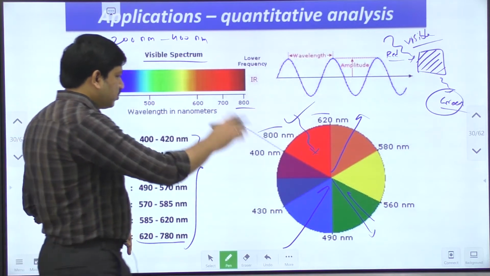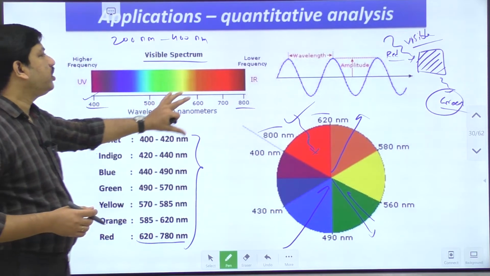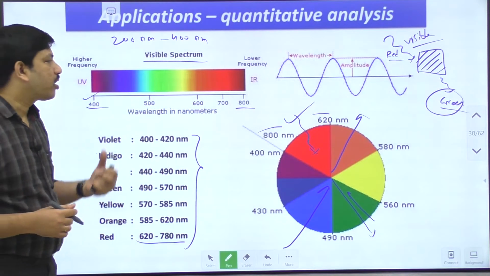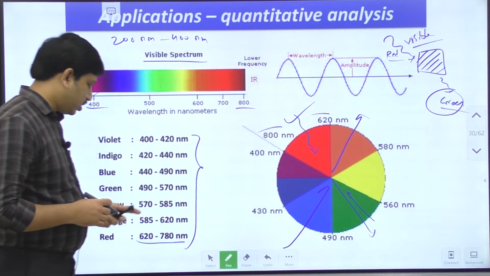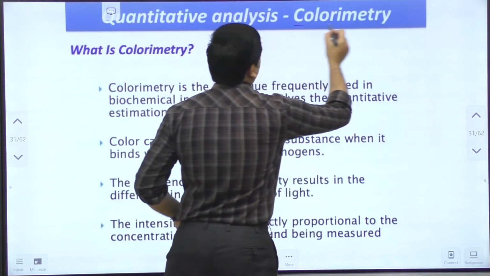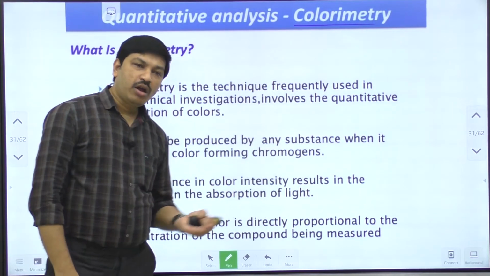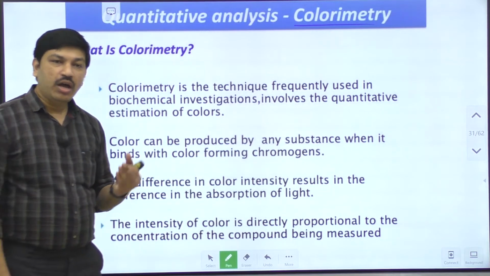We have to keep this in mind, and now let us see how these visible absorption spectra are useful to estimate the amount of compound in colored solutions. This particular technique is called colorimetry. Generally we have alkalimetry, acidimetry, titrimetry, complexometry, redox titration.